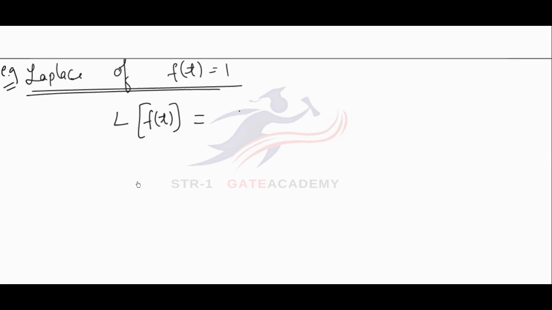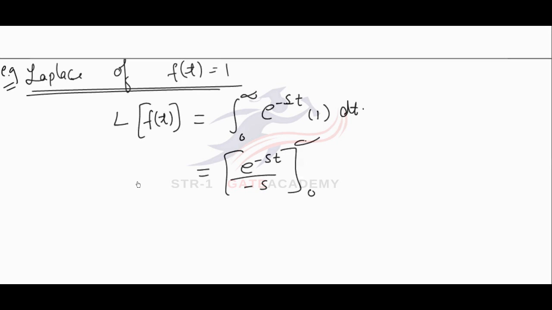It will become the integral from 0 to infinity of e raised to minus st into f(t), that is 1, dt. So the integral equals e raised to minus st upon minus s, with limits from 0 to infinity. It is 1 by minus s, taking the minus out separately, so it becomes 1 upon e raised to st, with limits 0 to infinity.